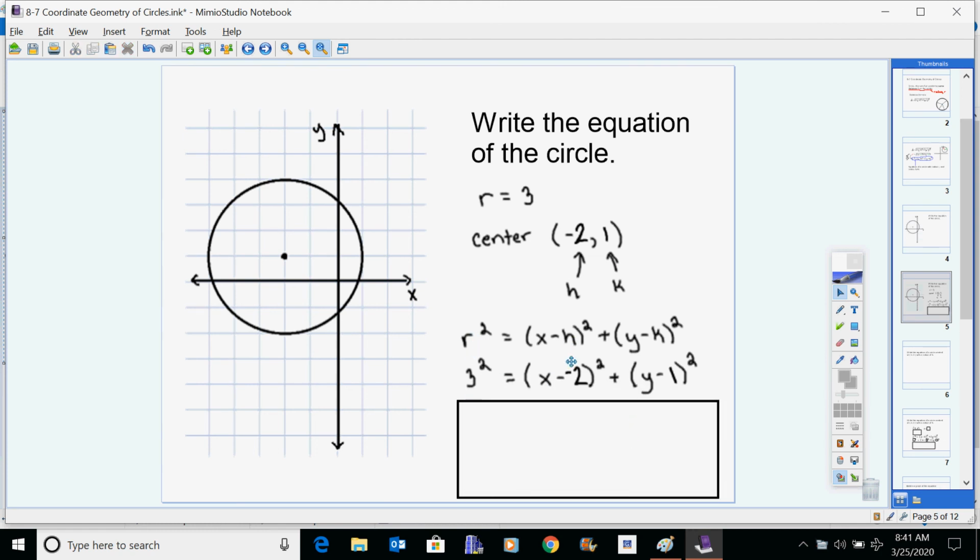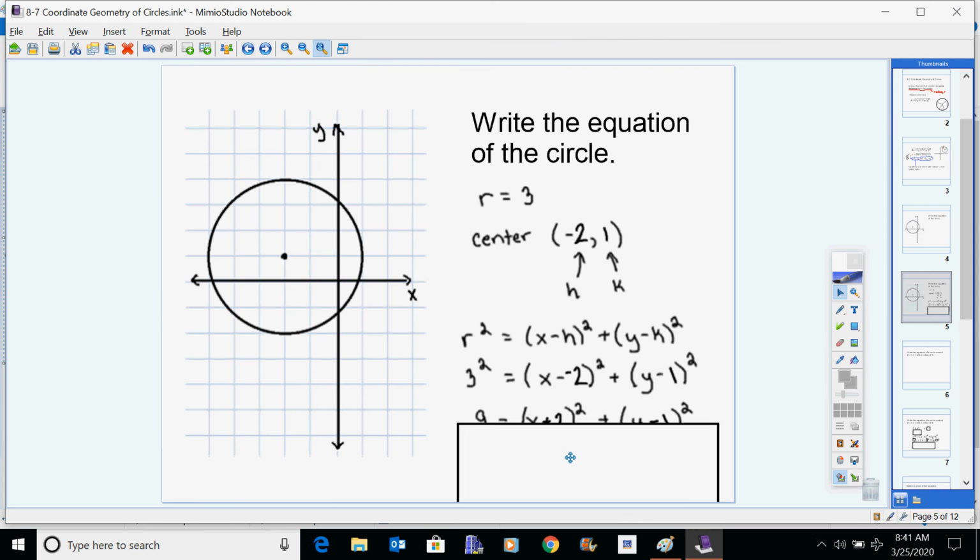So 3 squared, -2 gets plugged in, and 1 gets plugged in. Remember our ordered pair -2, 1, coming from our center. And so what we have here is 9 equals x plus 2 squared plus y minus 1 squared, and that's your actual answer for that.